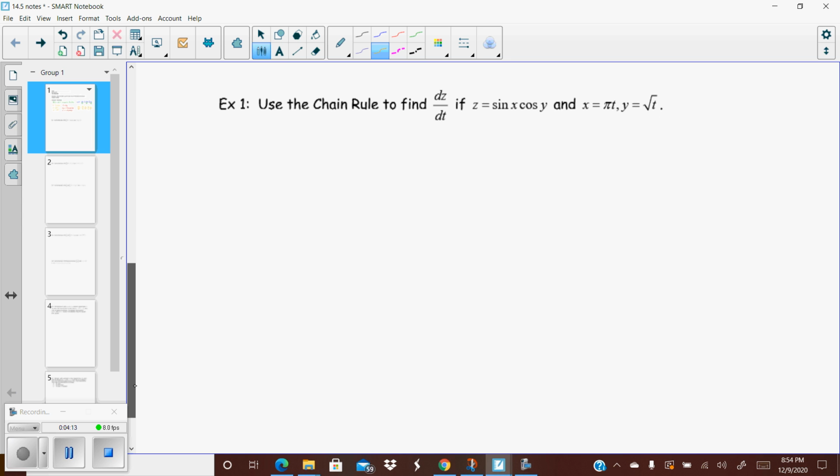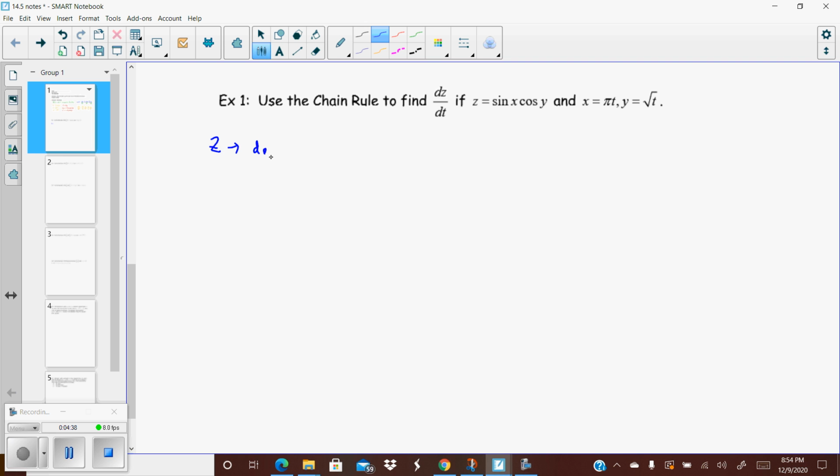So example 1. Use the chain rule to find dz dt. So you notice that that's a full derivative, dz dt, if z is defined as sine of x cosine of y, and x is defined as pi t, y is defined as square root of t. So what you should be able to see, this is very much like the first one, z is our dependent variable.